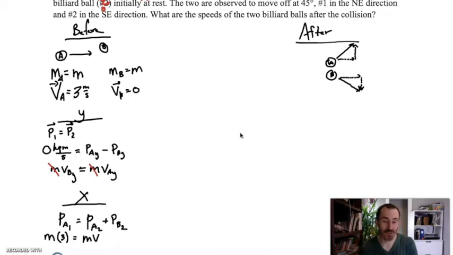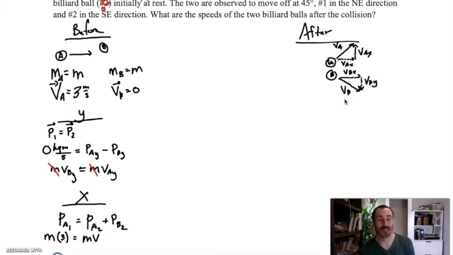Okay, so let's just go back up here. The x velocity of A, right over here, so this is VAX, this is VBX, this is VBY, this is VAY. So this would be total VA, or VA2 because we're talking about at the end, and this is total VB.